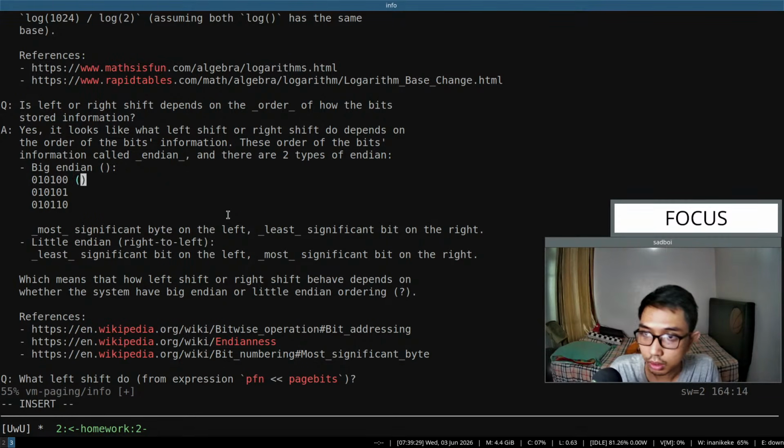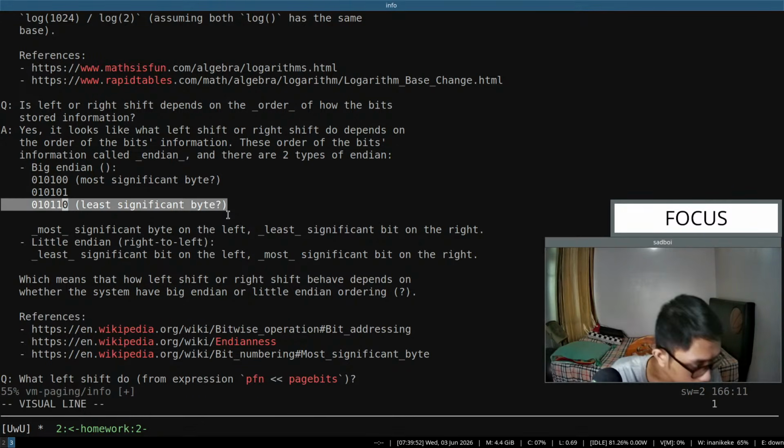Is this the most significant byte? And this one is, the contact is big endian. The significant byte. Is that it?